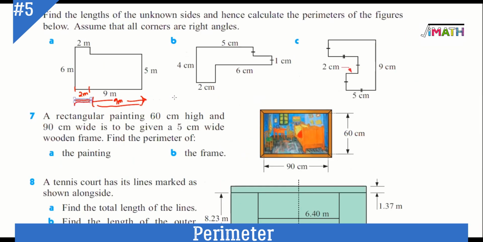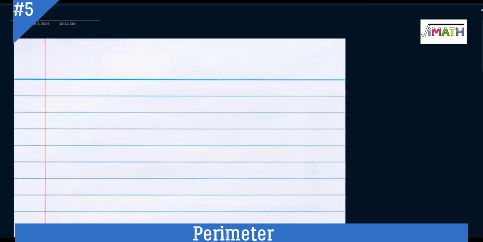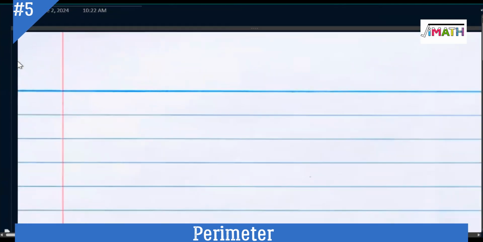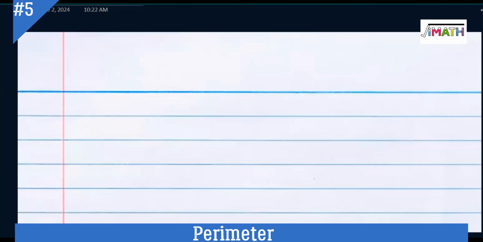Okay. So let me go to the OneNote here. Can you see a white screen here? Yes. Okay. So this is really important, and just have a look here.